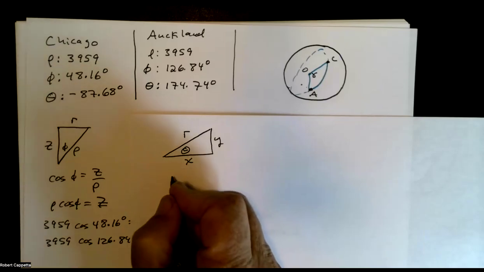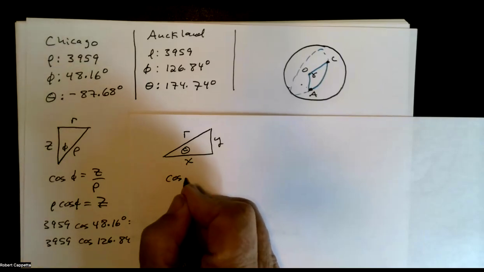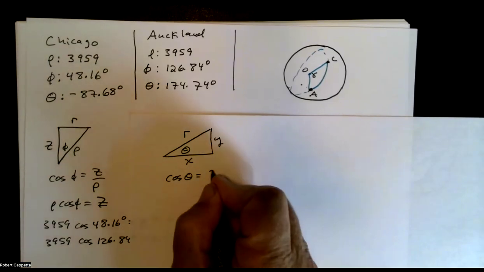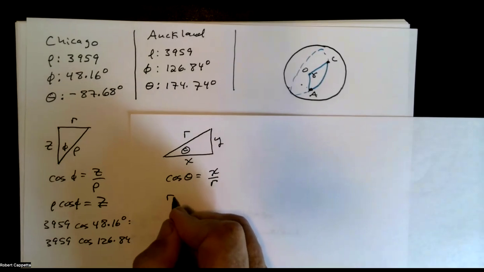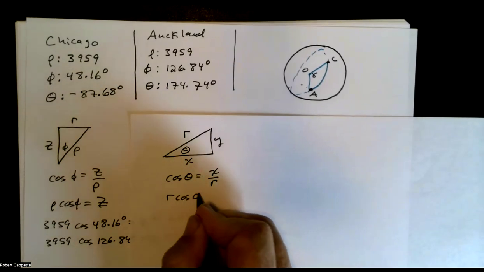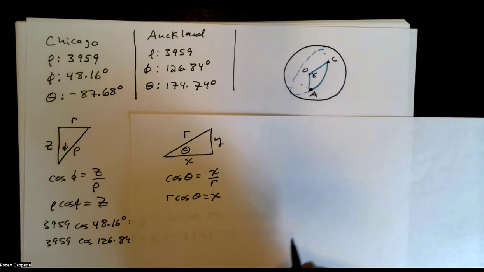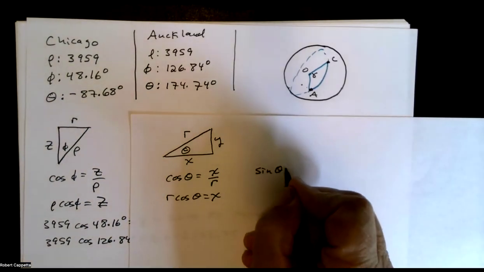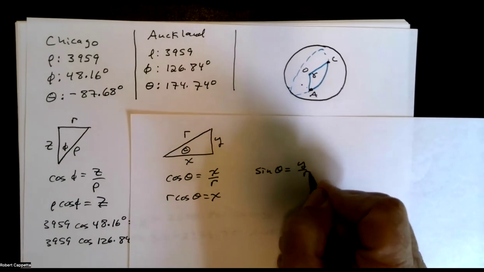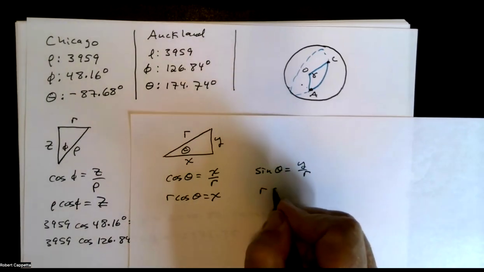So cosine of theta is X over R. So R cosine theta is X. And similarly, sine of theta is Y over R. So R sine theta is Y.